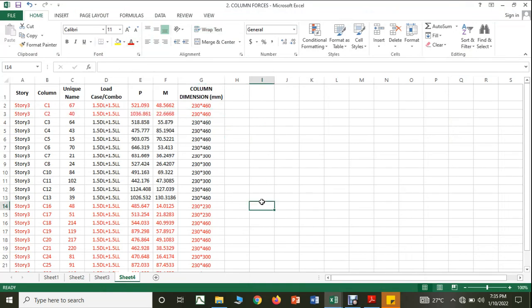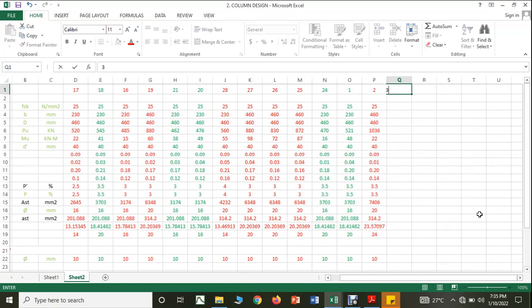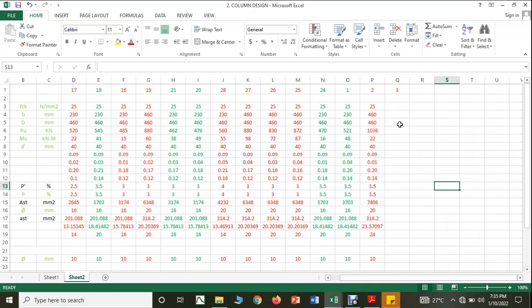Then next you have column 3, that is 518 and 55. The grade is 25.